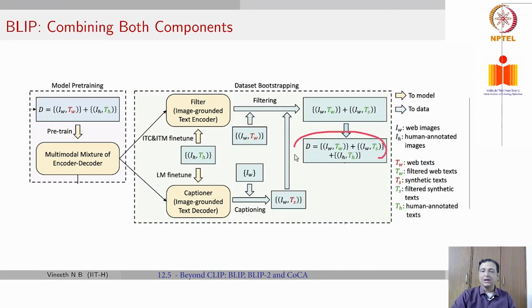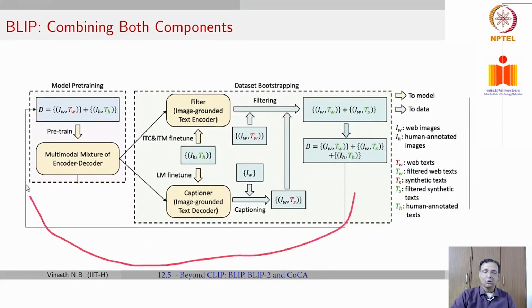Now you have your overall data set, which is good web scrape data, filtered web scrape data, along with the synthetic text and the human annotated data, all together forming a new data set. And this is now used to feed in and refine their overall multimodal mixture of encoder decoder model to get a better model at the end.